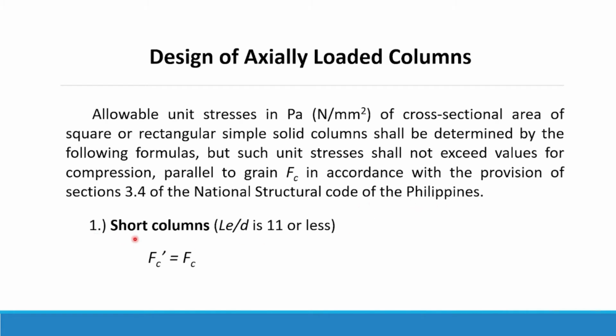So number 1, for short columns, the ratio of LE over D is 11 or less. We will find the allowable compression stress, or FC prime, which is equal to the compression parallel to grain, or F sub C. And that's for short column.